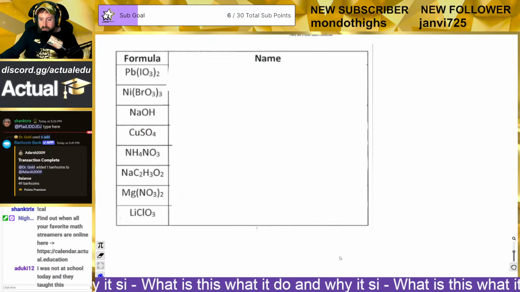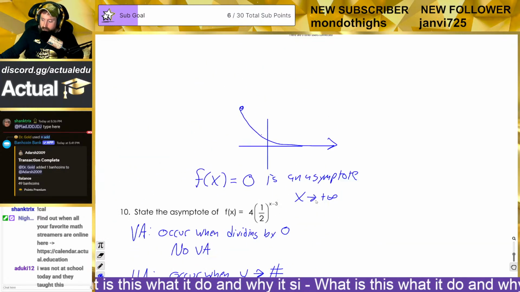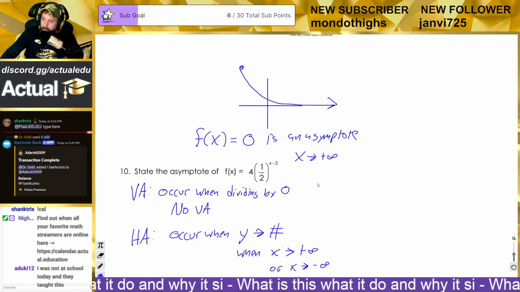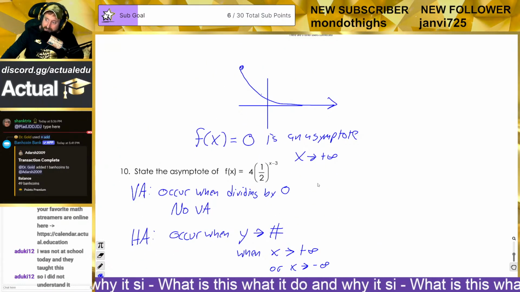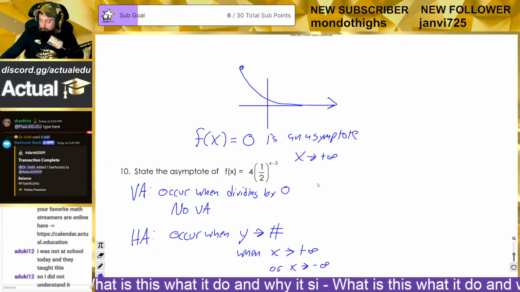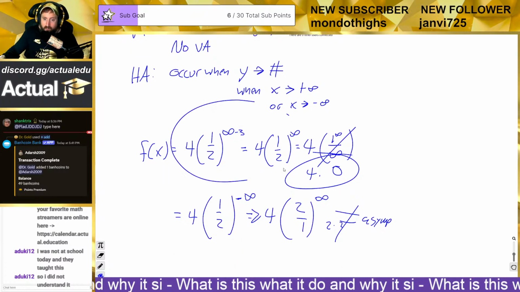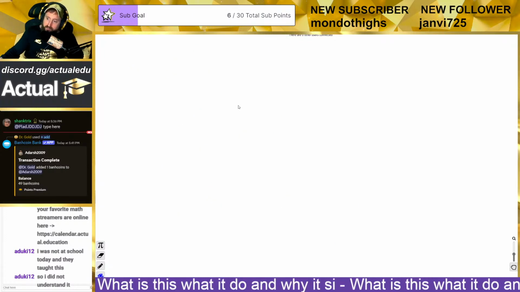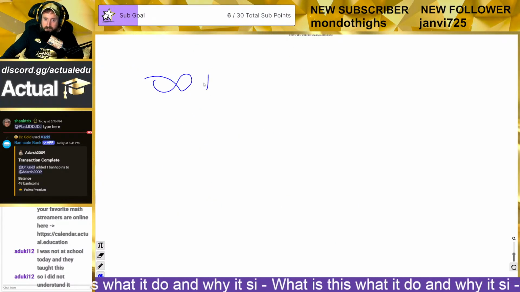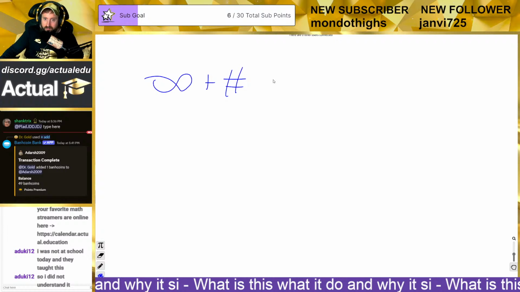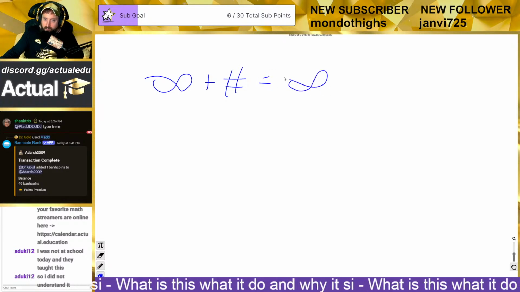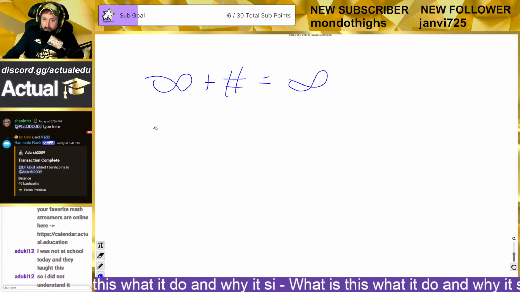Yeah, so in general, Adarsh, when you're doing these, you need to plug in positive infinity and negative infinity and see what happens. But then you have to be kind of clever about what the rules are. So here are the rules with infinity. Infinity plus anything is equal to infinity. That includes infinity.